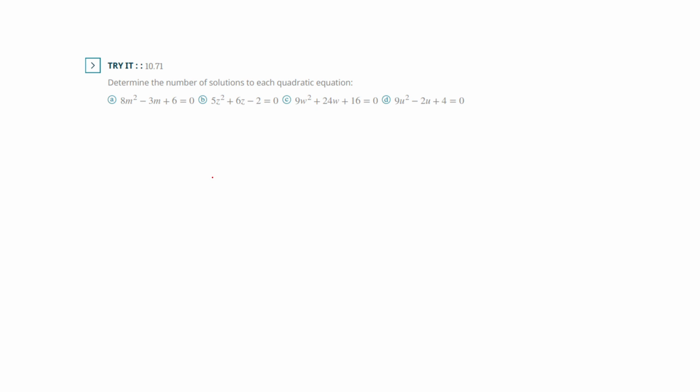Okay, so let's go through some of these. We're going to do the negative b plus minus square root of b squared minus 4ac. I've got to talk my way through the formula. That's the portion that's underneath the root. So we're just doing b squared minus 4ac. And we're going to look at the number that we get as a result, and we're going to be able to tell how many solutions we would have.